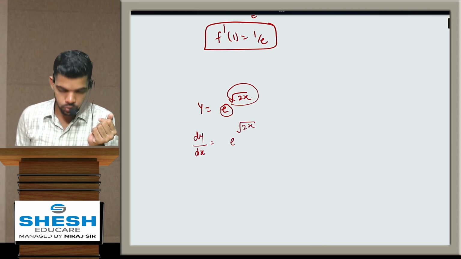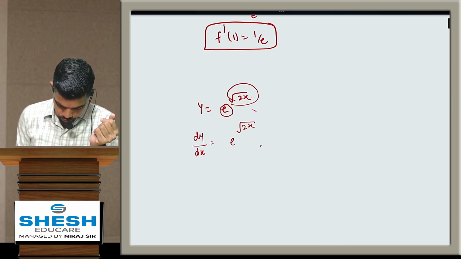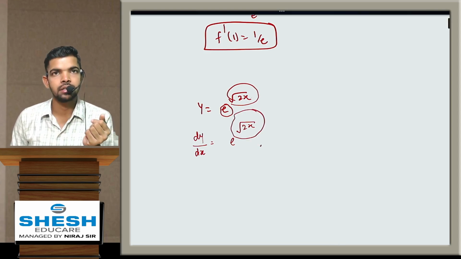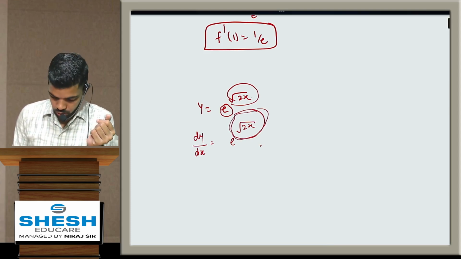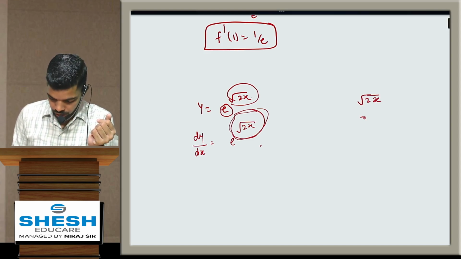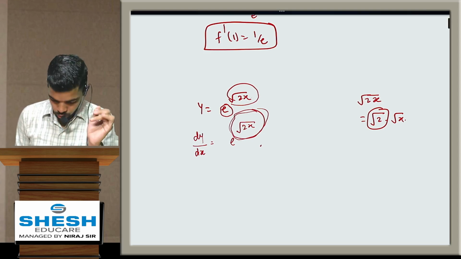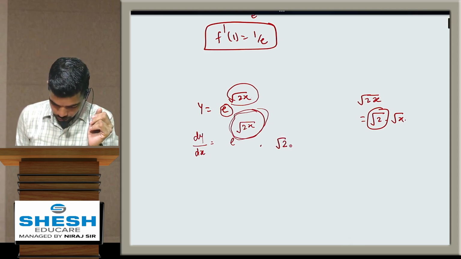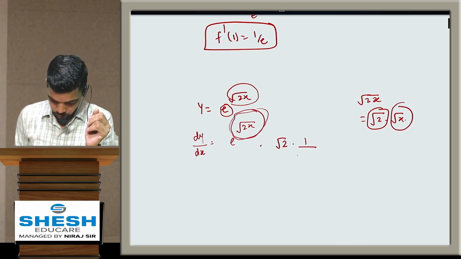So it will be e to the power root 2x into, we will take derivative of this whole x. इसको x कंसिडर किया था तो उसका डेरिवेटिव. So root 2 into x. Root 2x we can write it as root 2 into root x. This is constant and in multiplication. So उसका डेरिवेटिव क्या आएगा? root 2 आएगा into what is derivative of root x? 1 upon 2 root x.